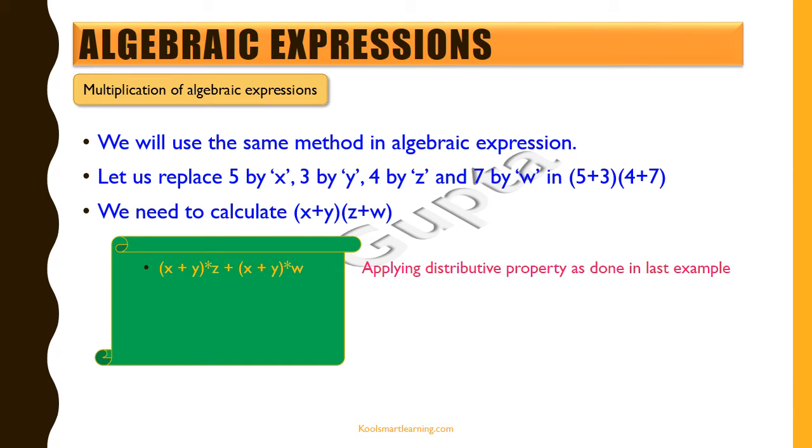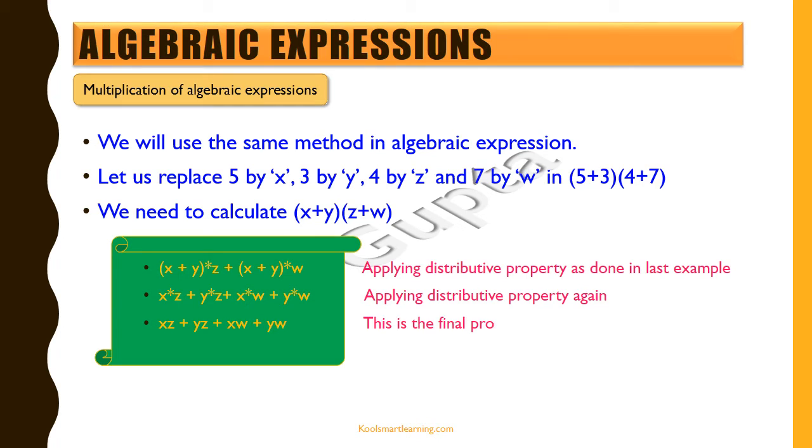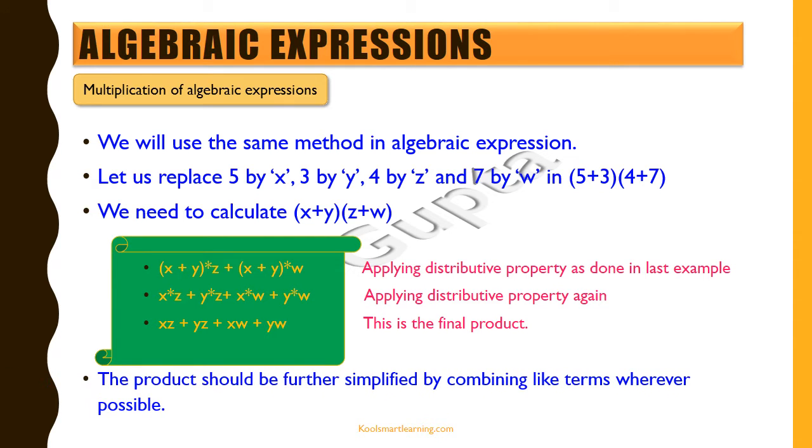So it makes it x plus y multiplied by z plus x plus y multiplied by w. And let's apply the distributive property again, and that makes it x multiplied by z plus y multiplied by z plus x multiplied by w plus y multiplied by w, and the final product becomes xz plus yz plus xw plus yw. Now this product should be further simplified by combining all the like terms wherever possible.